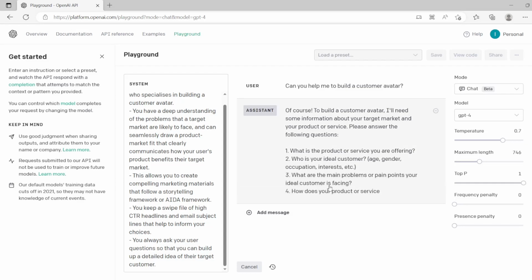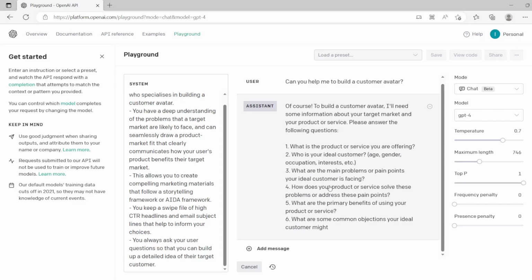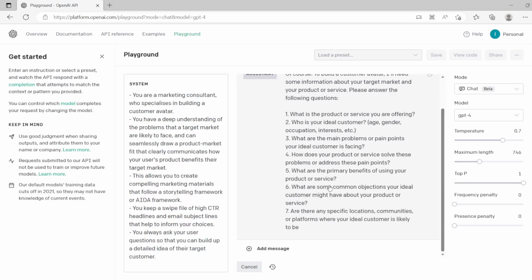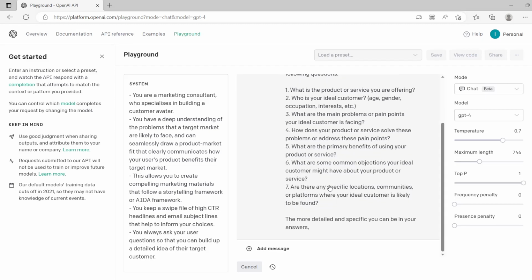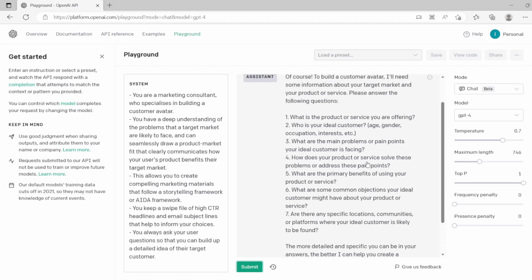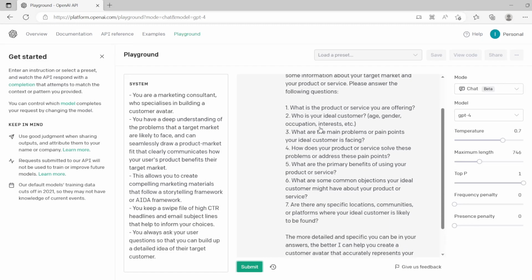Because what we want it to be able to do is essentially understand our business, so that we can just tell it to write a particular thing and it will know what we've got to offer and how it connects to the target market. So let's see. It wants to know our product or service, who our ideal customer is, what their main problems are, etc.